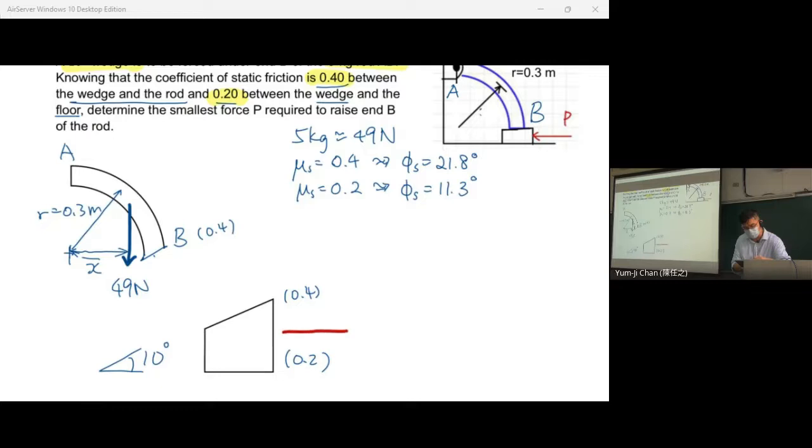P here. After that, we need to draw the friction forces, and we also need to draw the support force, because there is a pin joint at A.